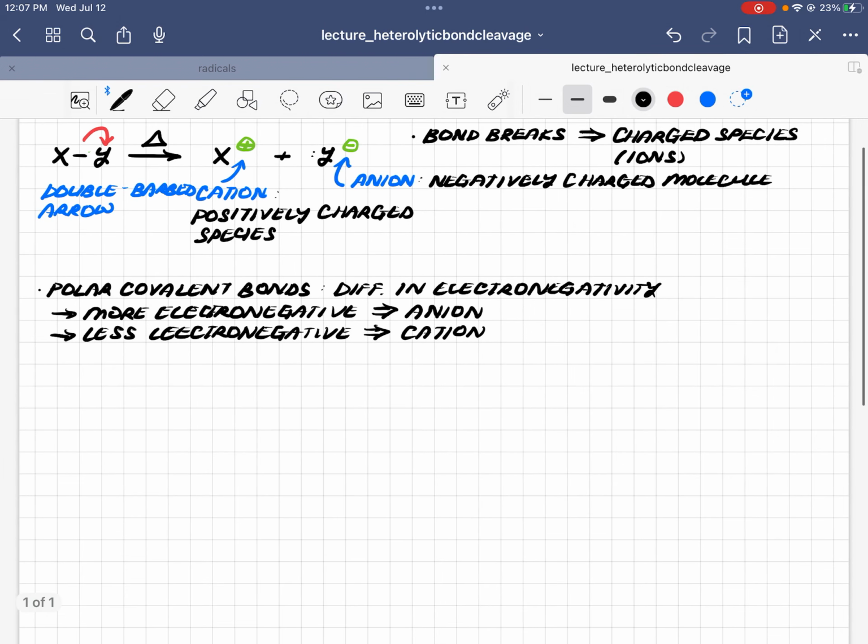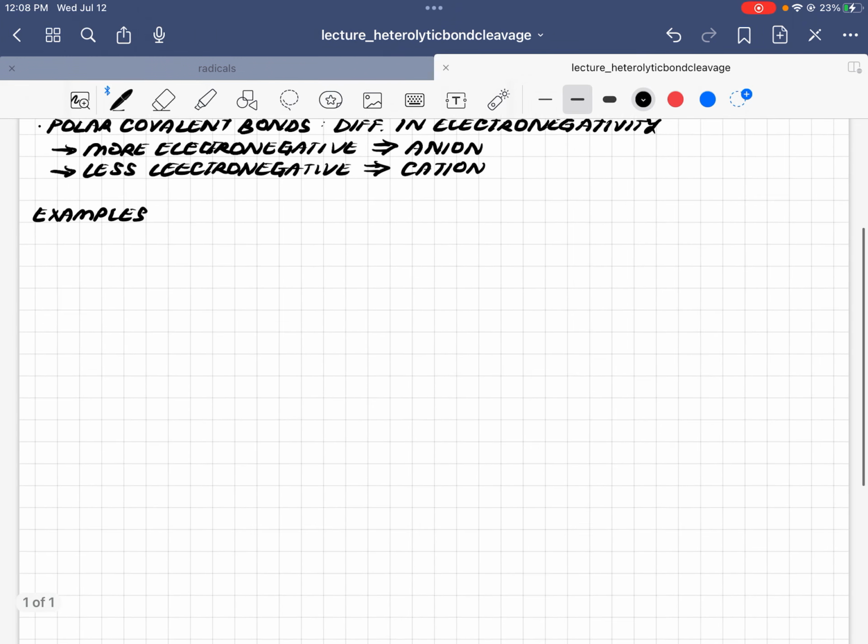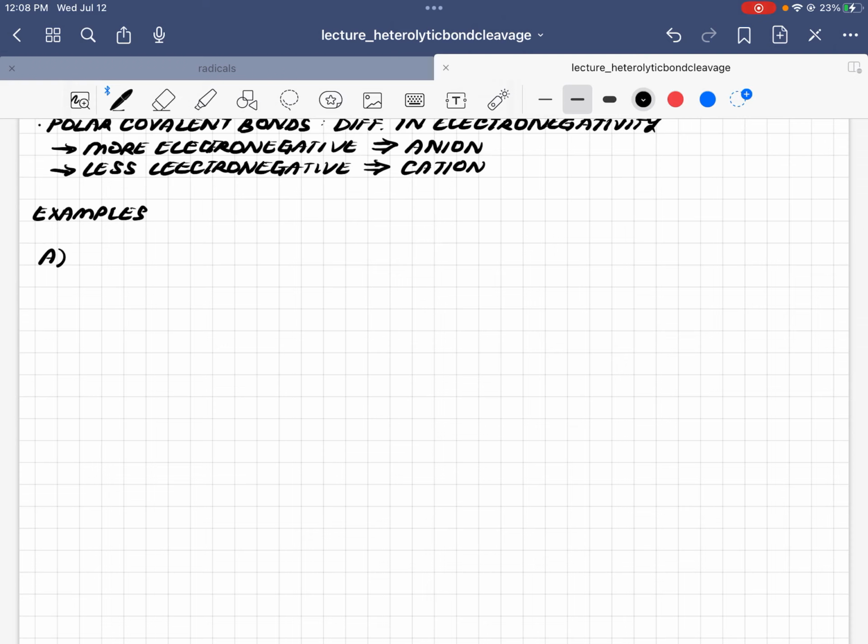So let's just take a look at a few examples of heterolytic bond cleavage. We might have a neutral species such as this. And in the presence of heat, this atom, bromine, is very, very electronegative compared to the carbon.